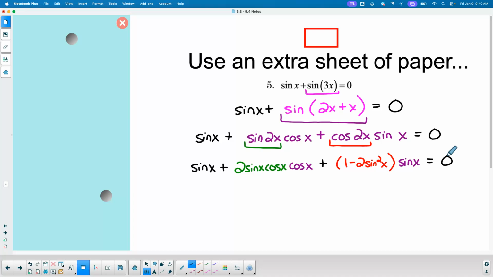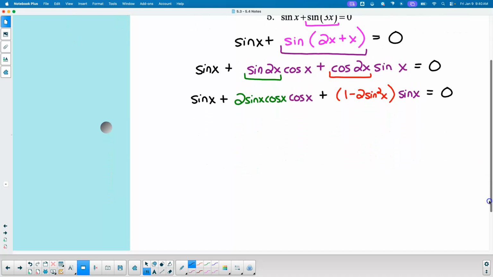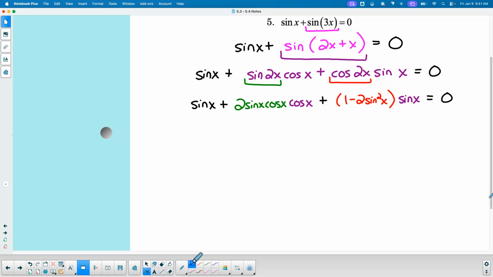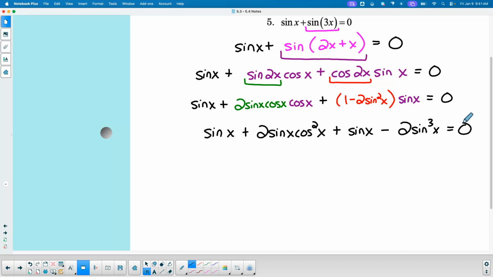Yep. I like it. Okay. Let's just make it nice and prettier. So we've got sine of x plus 2 sine of x cosine squared of x plus sine of x minus 2 sine cubed of x. Agree with me on that so far?